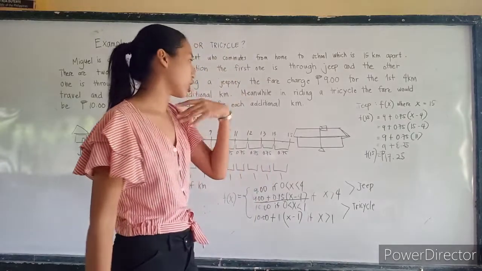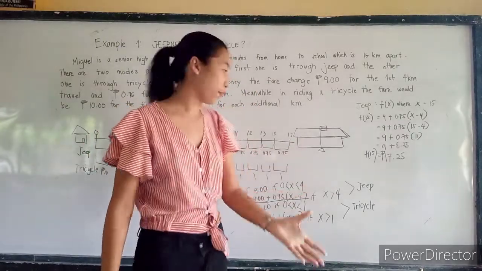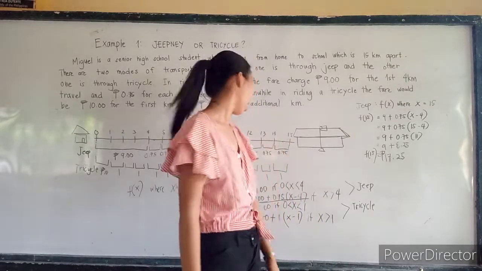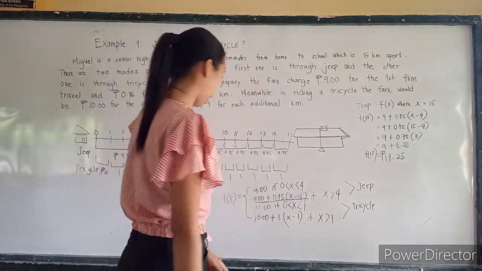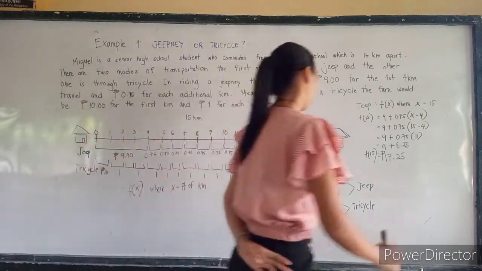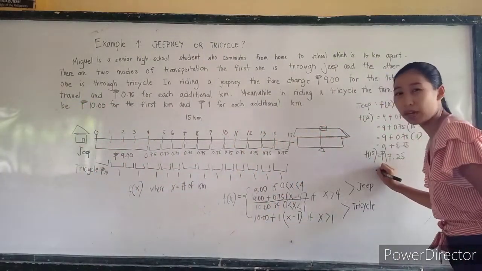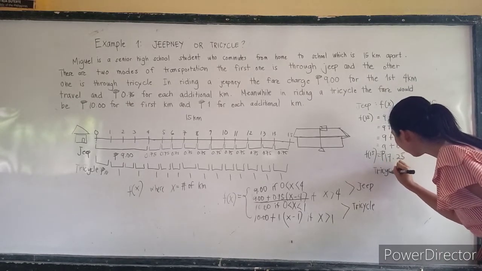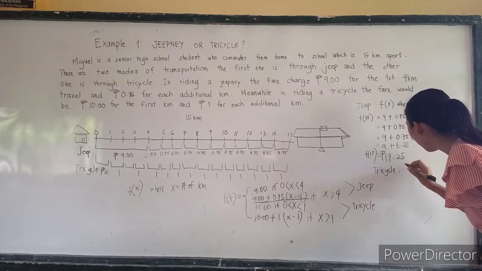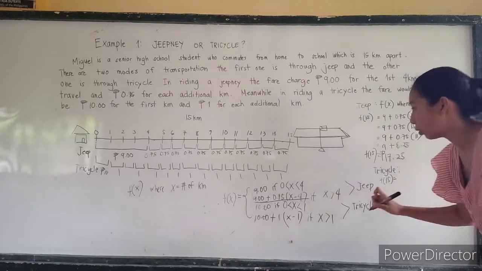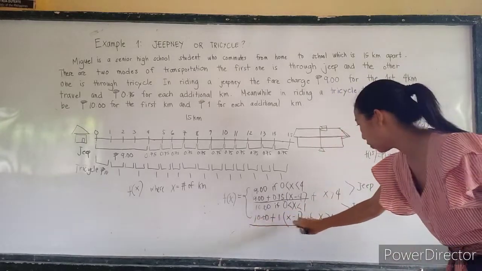Okay? Now, let us do another one for the tricycle. Pila ba yung mabayad kung mag-tricycle siya? So, let us apply it here. So, tricycle. That is f of 15 is equal to, kani no, itong function for tricycle.